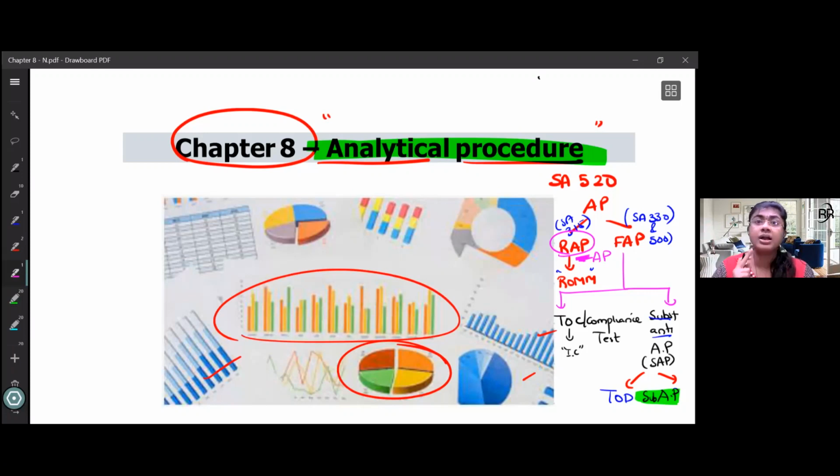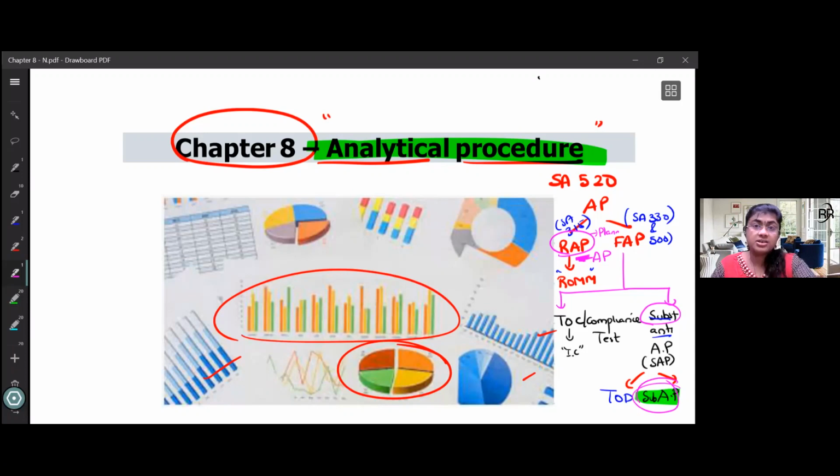But the main analytical procedure is conducted as a part of substantive procedure towards the conducting and end of the audit. Here it's like planning of audit. To assess risk, you perform analytical.